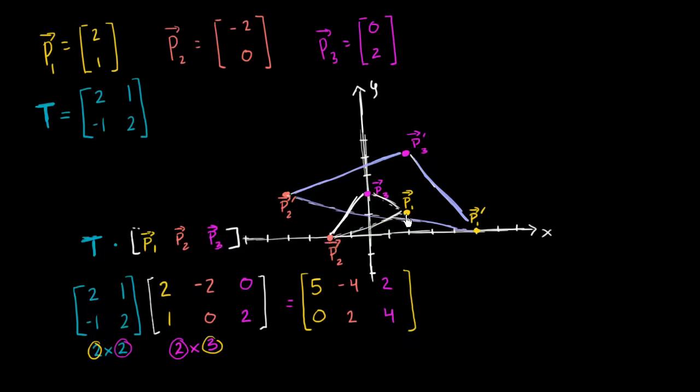And right now we only transformed the vertices, but it actually turns out, and I'm not proving in this video, that if you took any of these points on this triangle, it would have transformed to a corresponding point on this larger triangle. And what's neat about this is hopefully you're starting to appreciate the power of a transformation matrix, and why this is useful as you start to think about things like computer games and animation.